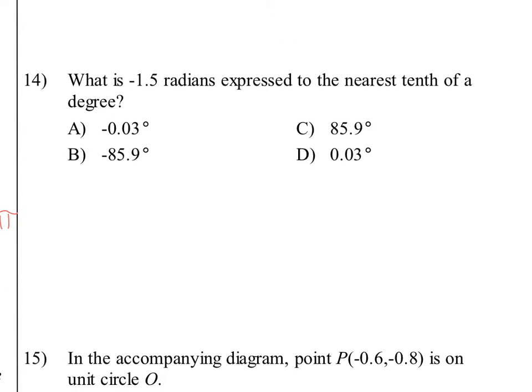Number 14. Negative 1.5. We want to express this to the nearest degree. So remember, it's always 180 over pi. I know there's no pi in this one, but it doesn't matter. Plug it in your calculator. Negative 1.5 times 180 divided by pi.